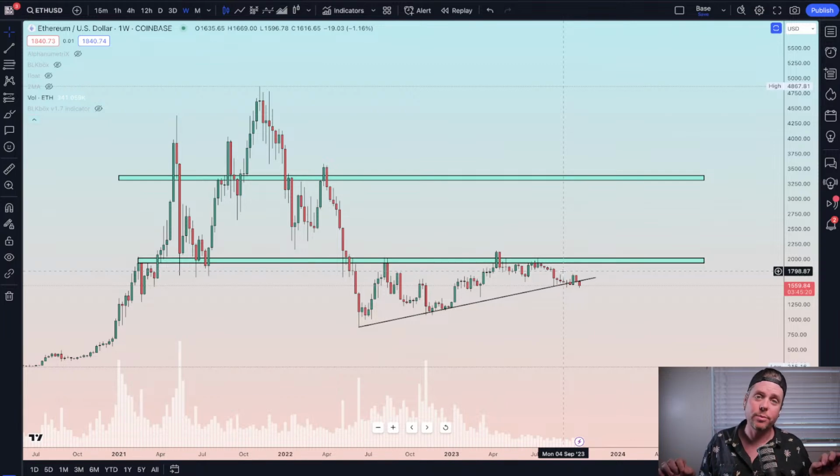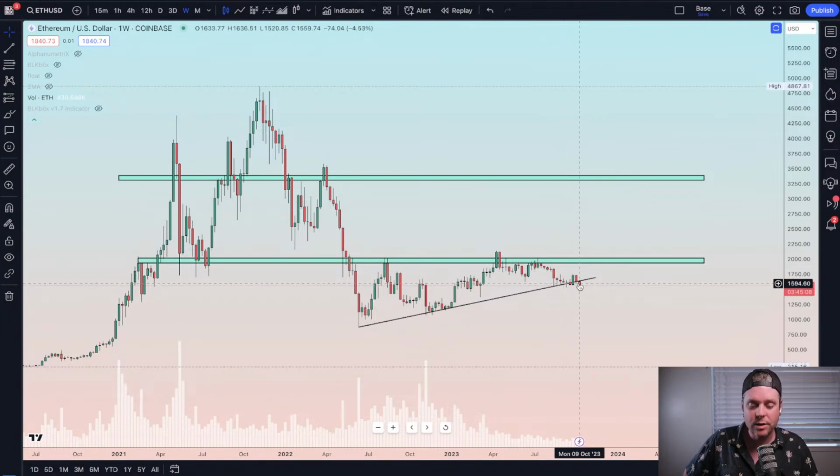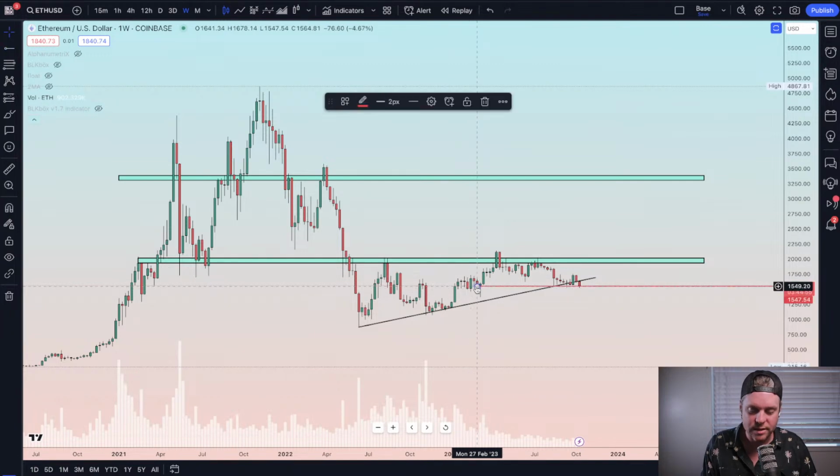That, from a TA perspective, is a very, very clean indicator that we have the bulls showing up to defend support, and we are trending to the upside, getting ready to break that resistance. Most recently, we have just broken below that. So we are losing the support that has been defended for years now, and there's a potential to create some lower lows. So I would be looking at this level right here for the price of Ethereum at around 1560.